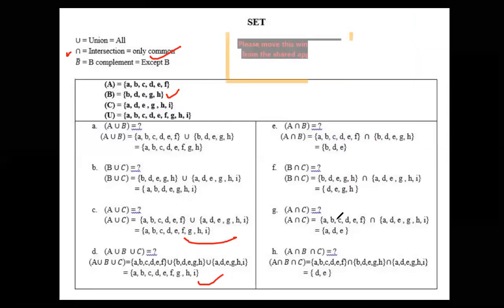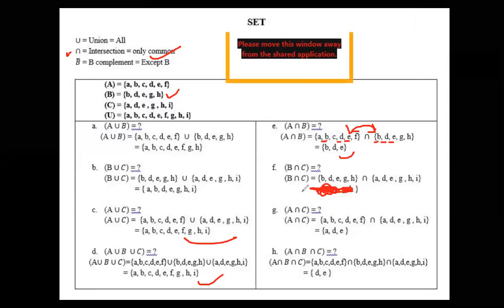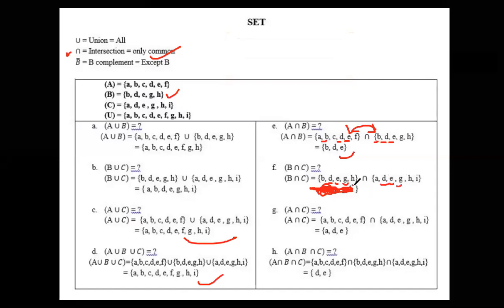Tell me what is the answer of number F. What is common between these two? B is not common. D is common. E is also common. Is G common? Okay, G is also common. Is H common? Okay, H is also common. What are the common numbers over here?